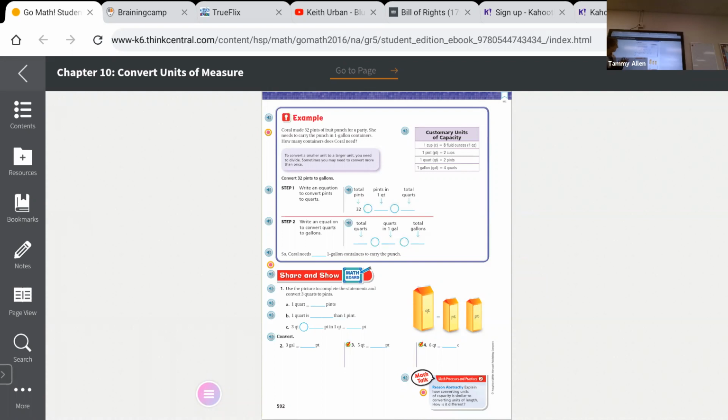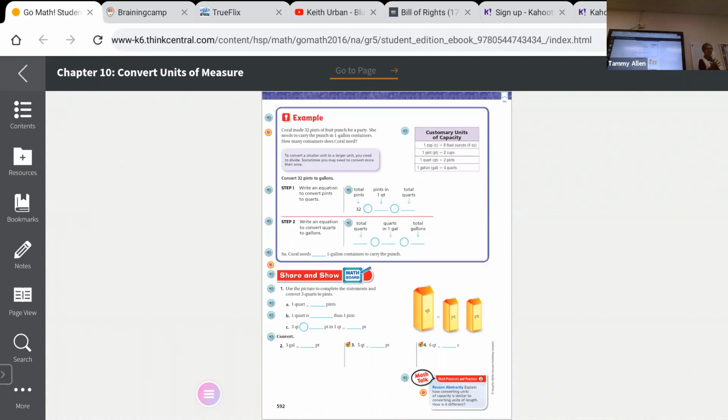So if we have 32 pints and we want to put it in gallon containers, we want to break it up into groups, right? How many pints are in a gallon? Look at your gallon picture.